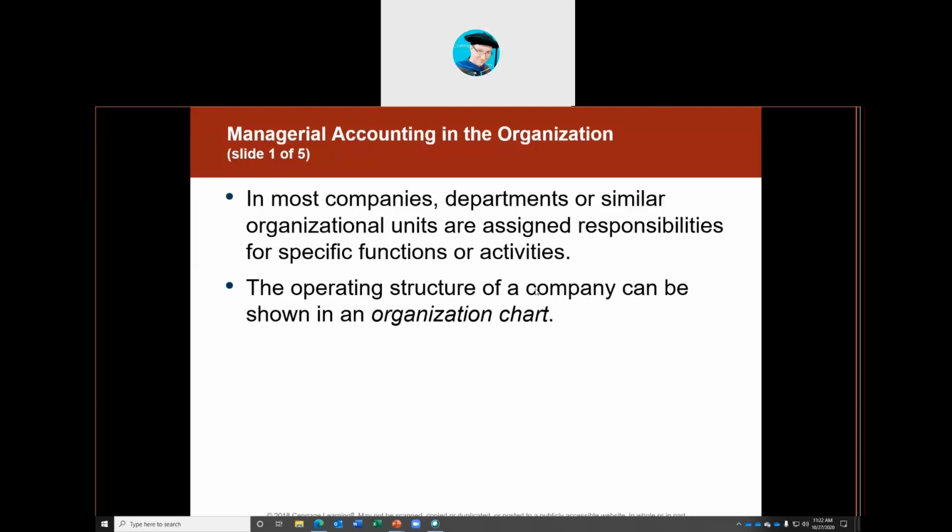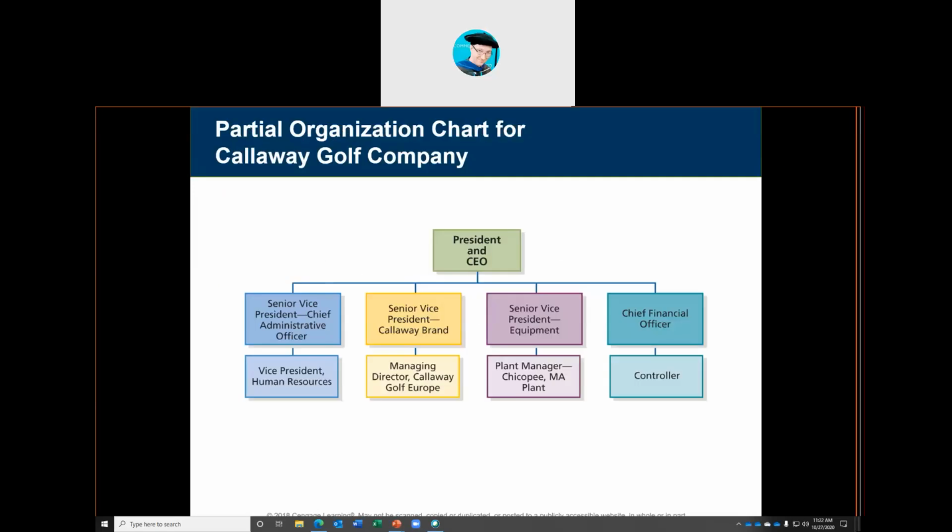Yeah, so looking at the organizational chart of a company, it's typically broken out by departments or similar responsibilities, functions, or activities. Here's an example of an organizational chart. Typically at the top of the chart, you have your president and or CEO, or what they call an executive officer at the nonprofit level.